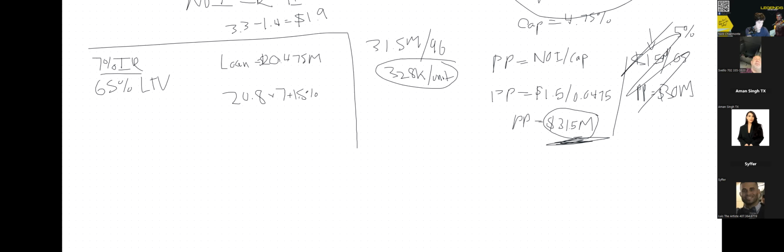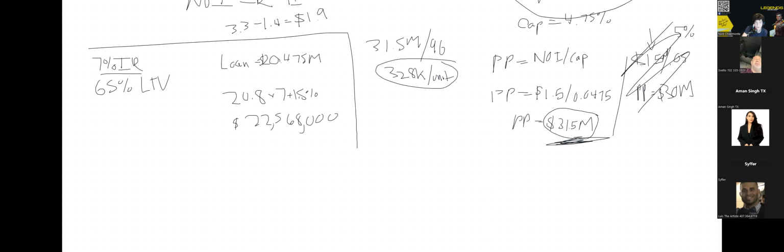Times 20.8 million. So roughly, after it's all said and done, it's $22.568 million is the total amount we're paying on the loan, with interest included.